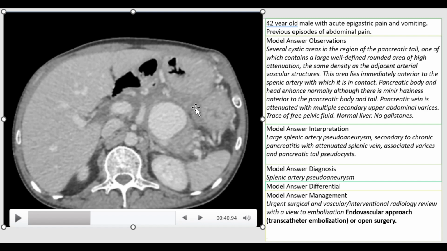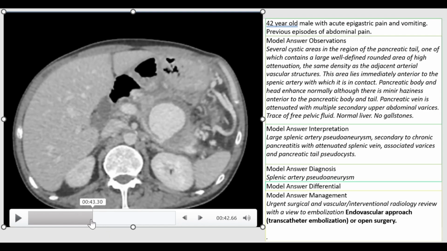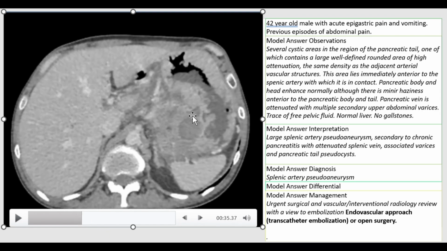This is associated with adjacent fat stranding and haziness, okay. The enlarged pancreatic tail contains multiple cystic lesions, which are the pseudocyst formation.